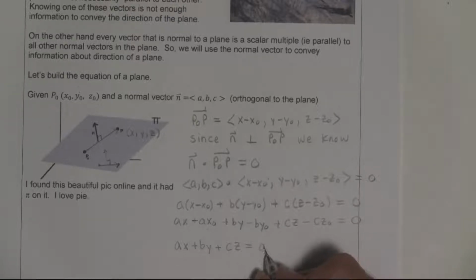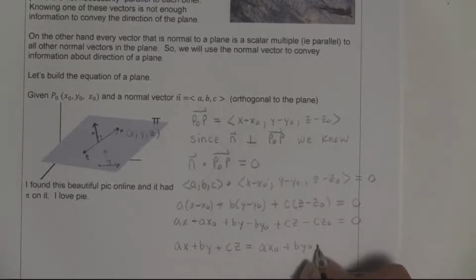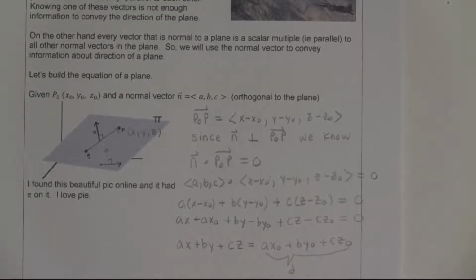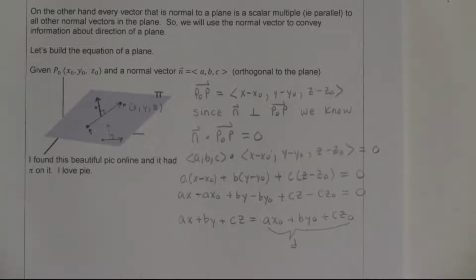And so this would be a x naught plus b y naught plus c z naught. And this is a lot of times called d. And then that's the equation of a plane.